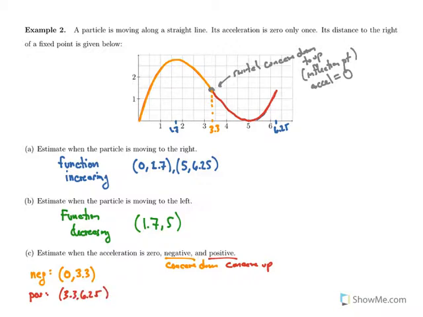And it's going to be 0 at t equals 3.3. So we're using the shape of the graph to tell us something about the derivative and the second derivative, whether it's increasing, concave up, concave down, decreasing.